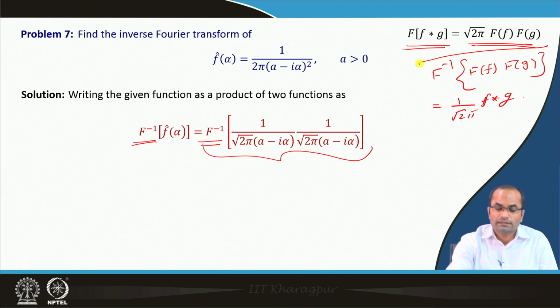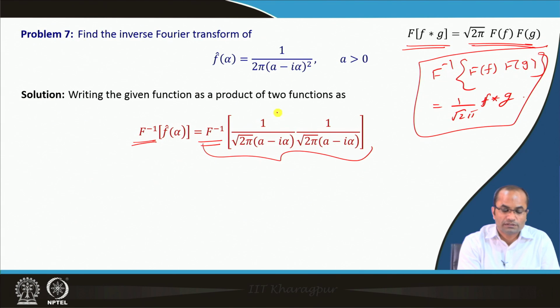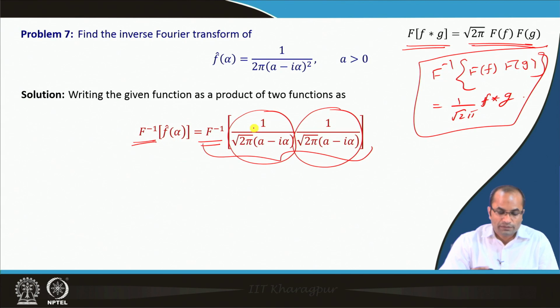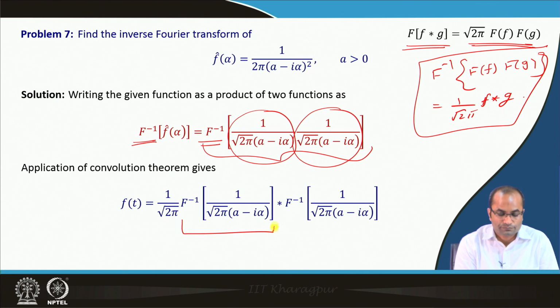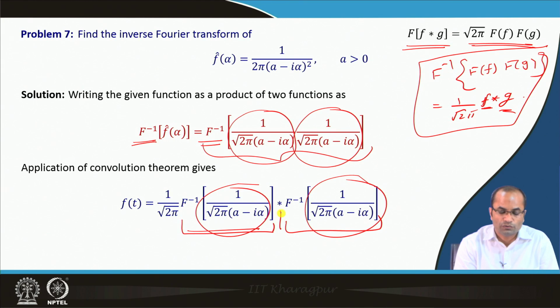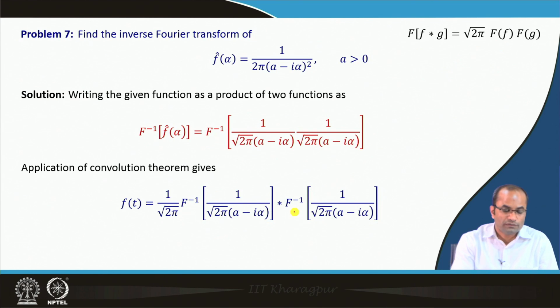So, we will apply this result here now, because this is the product of two Fourier transforms. So, we can apply this and we will get the Fourier inverse of this. So, the f is the Fourier inverse of this, and then again the second one g is the Fourier inverse of this function, and then this convolution has to be done. So, with this convolution theorem we got this result.